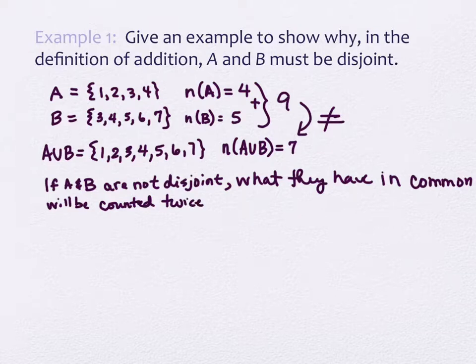And that's what happened when I counted and I got 5 and 4 up here. The elements 3 and 4 got counted twice.